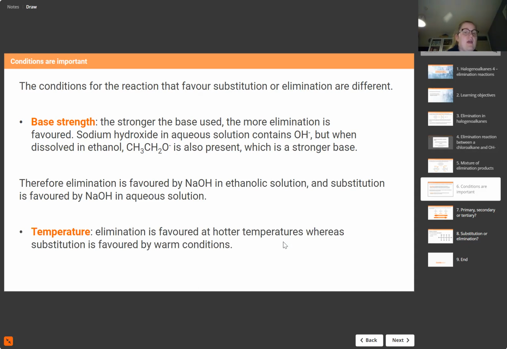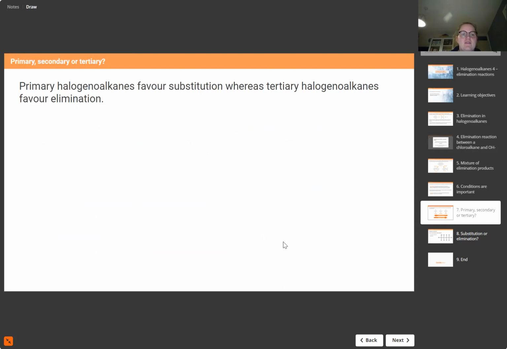Temperature also affects this. Elimination is favoured by hotter temperatures, whereas substitution is favoured by warm conditions. So basically a lower temperature, but not a cold temperature, which is why we're still saying warm conditions. The other thing that can affect it is primary, tertiary, or secondary. So primary halogenoalkanes favour substitution, whereas our tertiary halogenoalkanes favour elimination.